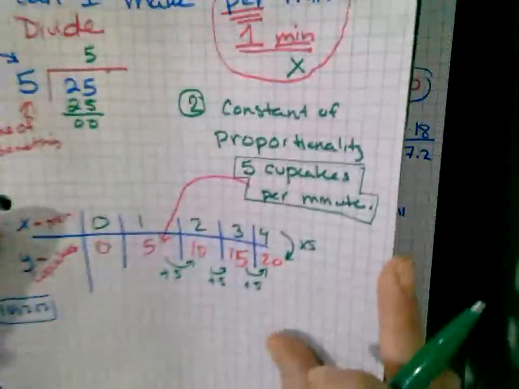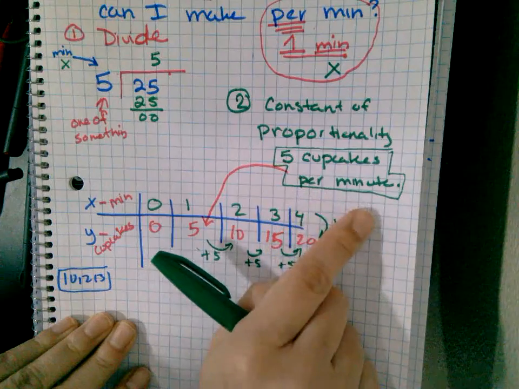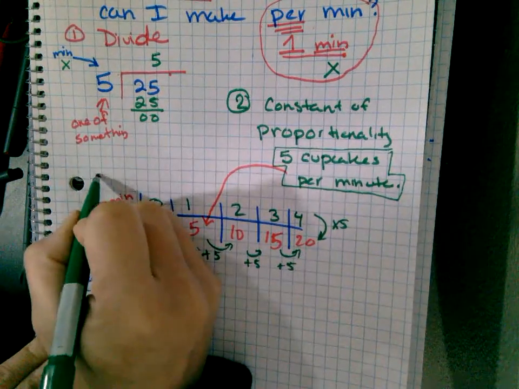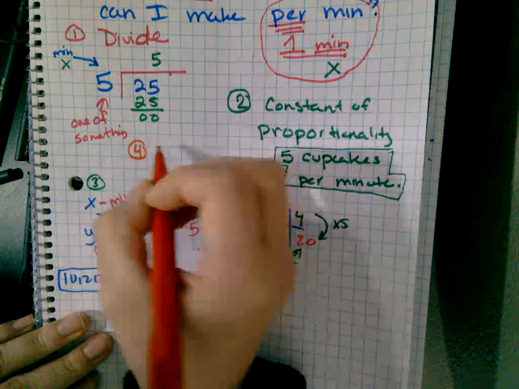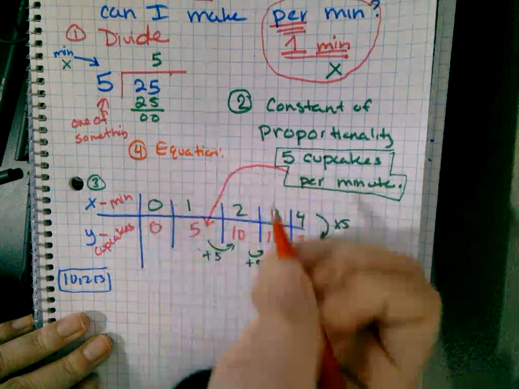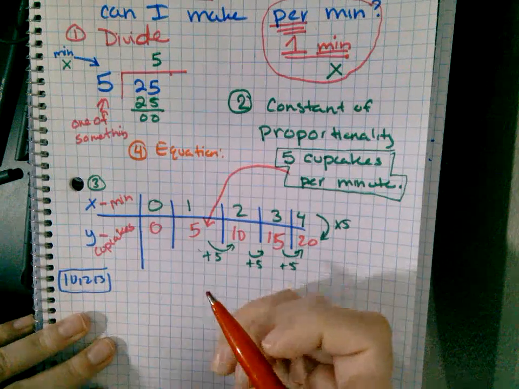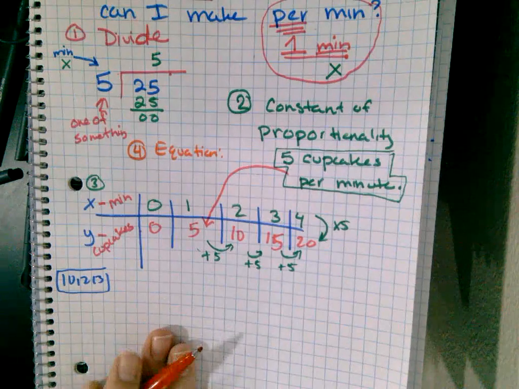The cupcakes. My constant of proportionality was 5 cupcakes per minute, right? So now I'm looking for step number 4, your equation. What would be the equation of this problem? Who can take a wild guess? What would be your equation for this last problem?